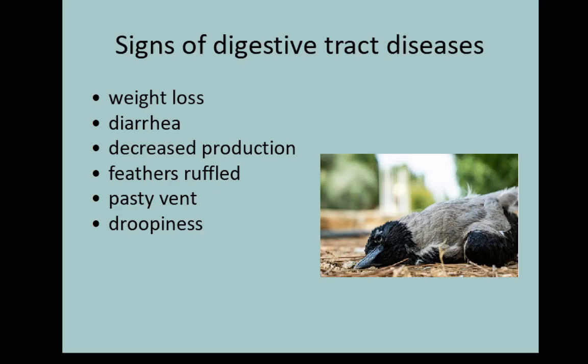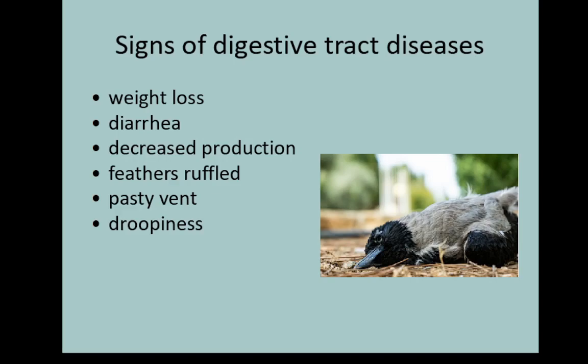So what can be causing this weight loss? That would be the next one, which is diarrhea. If the bird has consistently been experiencing diarrhea, then its intestinal lining as well as its body water is being lost. Therefore, weight is lost.